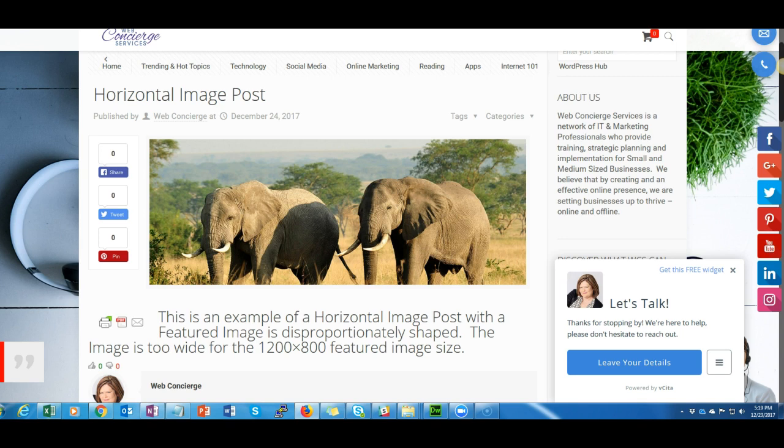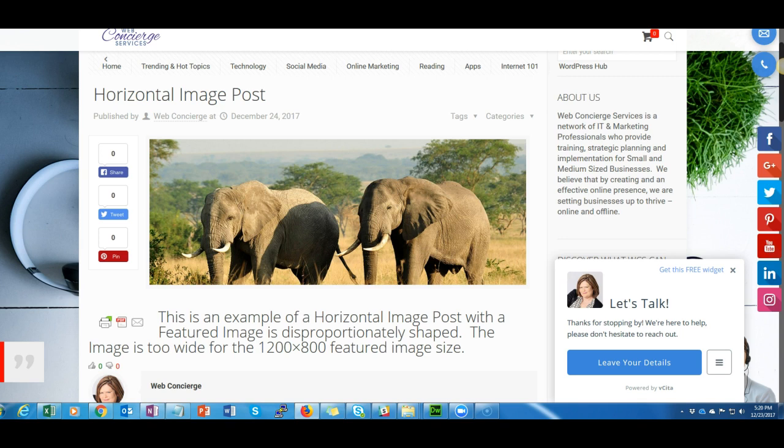If you really want to display the entire depth of a photo, then you want to make sure you're in vertical mode. If you want to display the entire width, you want to be in horizontal mode.